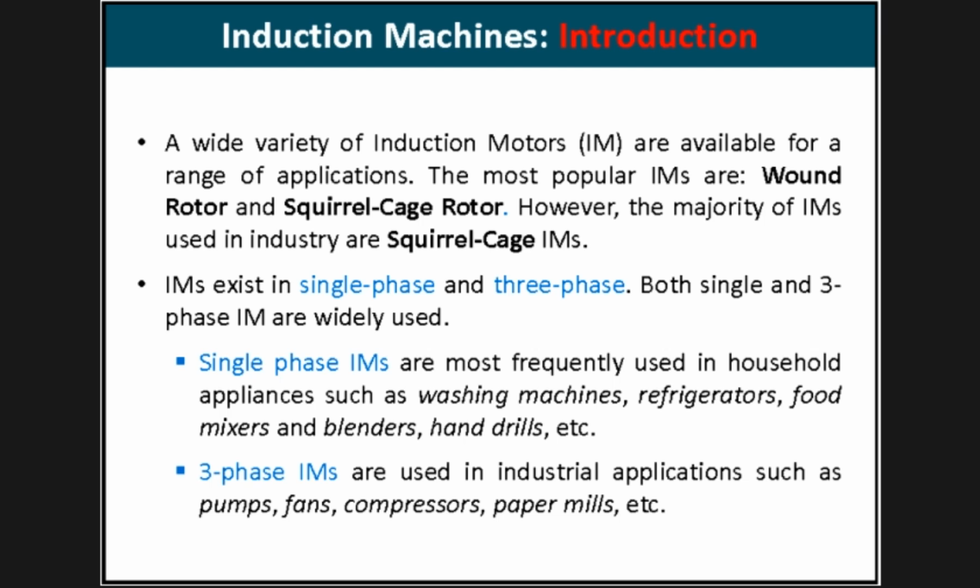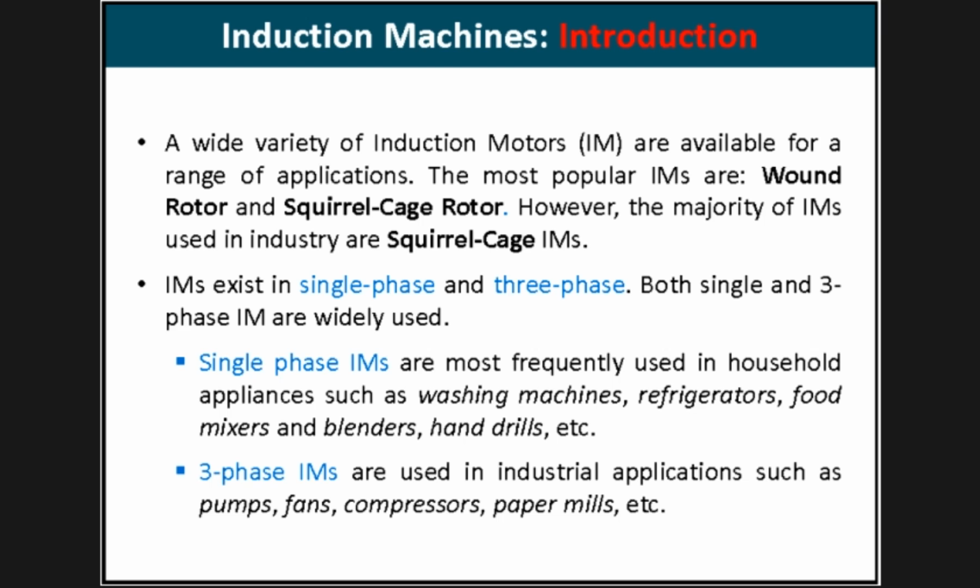Single phase induction machines are most frequently used in household appliances such as washing machines, refrigerators, food mixers and blenders. Every home appliance is basically using a single phase induction motor, because normally for domestic use we use single phase only.